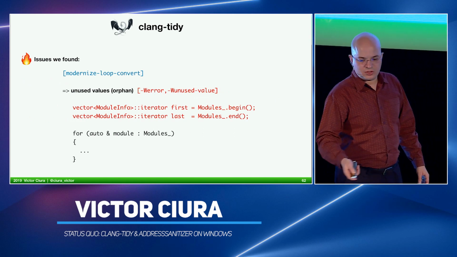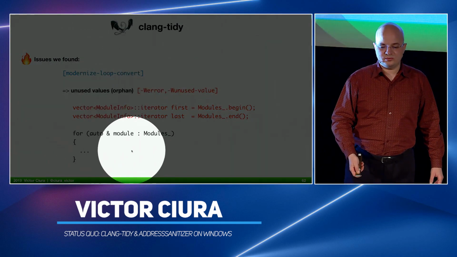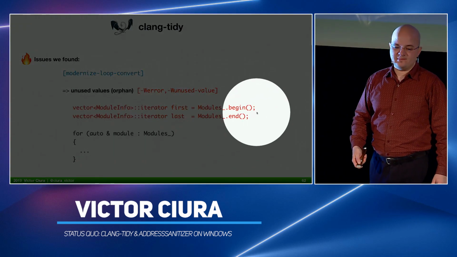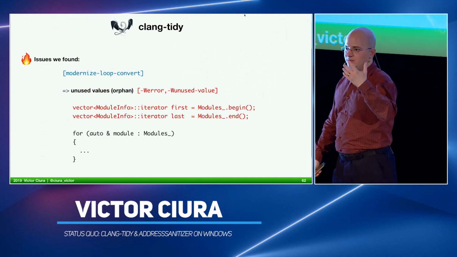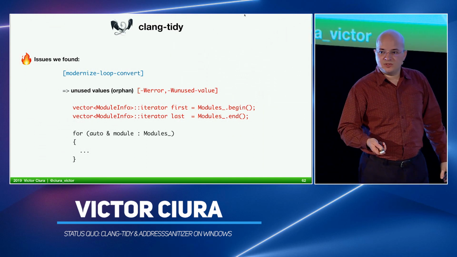Again, for loop conversions, it can modernize your loops to use range-for loops, but it might leave behind declarations of iterators that are above the loop and are not in the loop declaration. So you might have to clean those by hand.